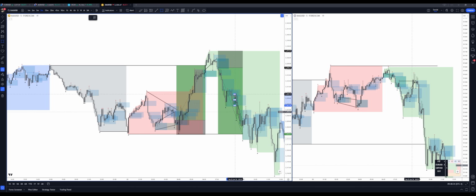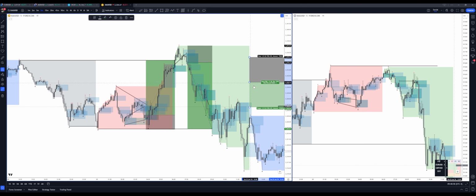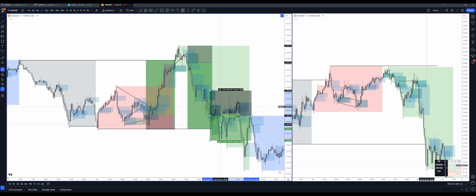Let's mark it out again. And if you guys want to get into this trade, I would specifically say put your stops above this previous PSP, because this stop's going to be very wide, super wide.